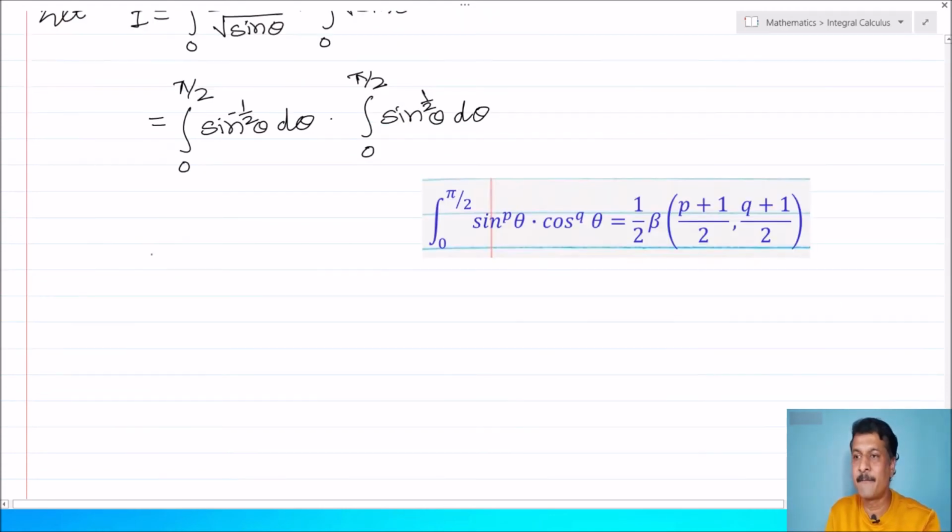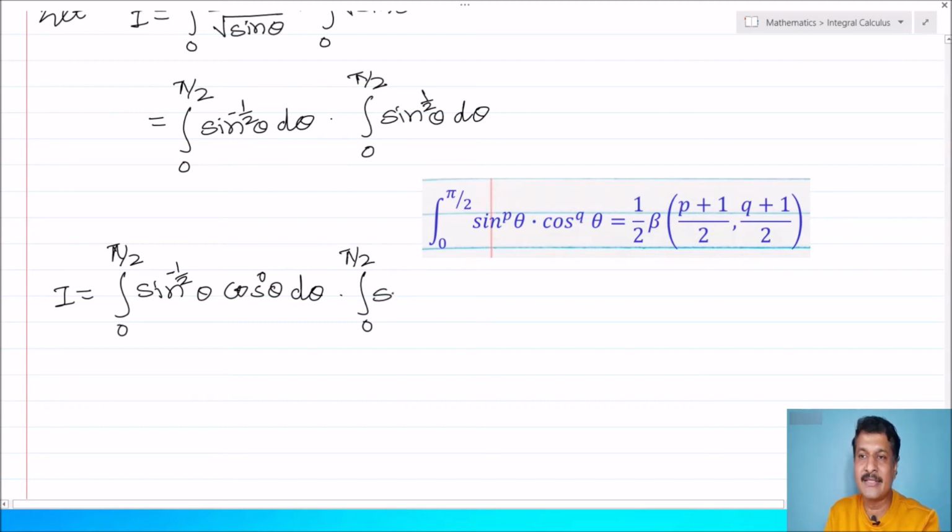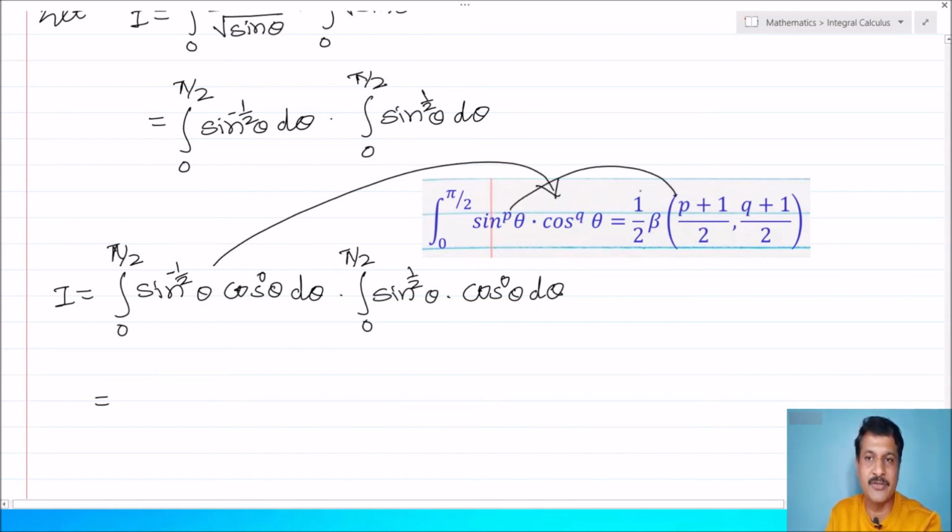So the same thing I can write as integration 0 to pi by 2 sin theta raised to minus half, but what about cos? It is cos theta raised to 0. And here integration 0 to pi by 2 sin theta raised to half and cos theta raised to 0 d theta. So by using this value, it is p plus 1 by 2.